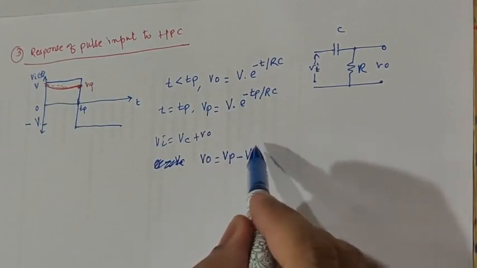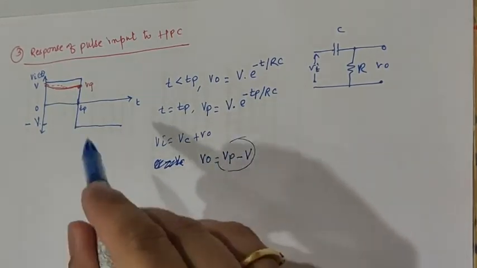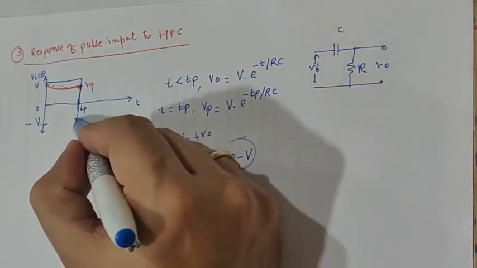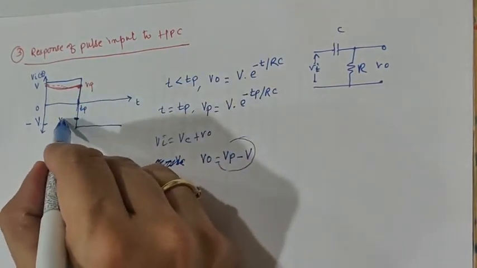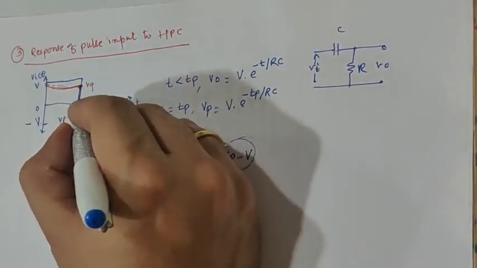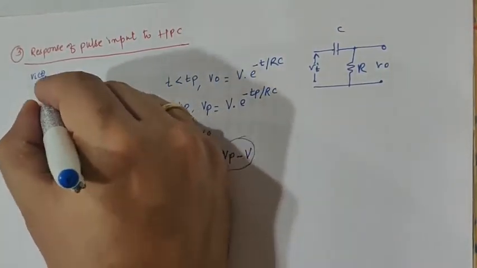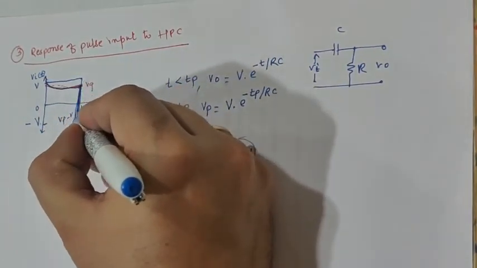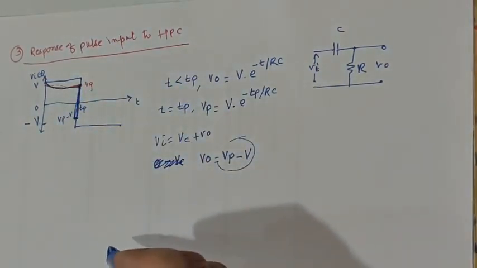So this voltage will go to the negative side, dropping somewhere here, and I will write it here: Vp minus V. So now the output goes like this: it started from V, fell to Vp, and from Vp it is now going to Vp minus V.